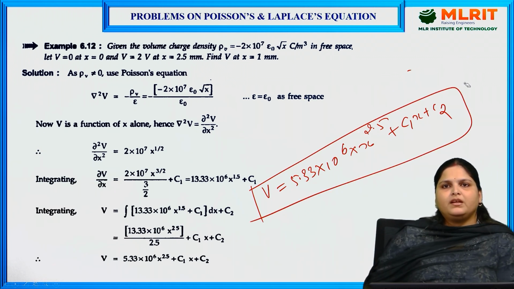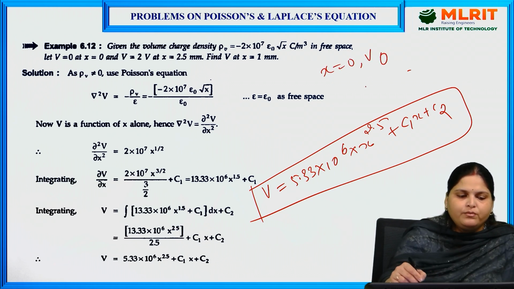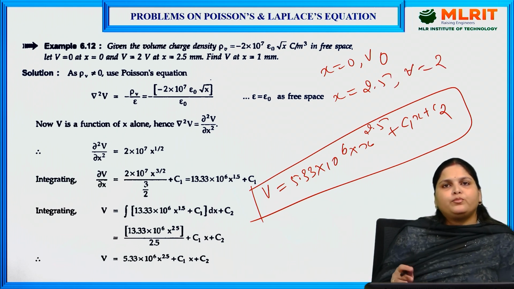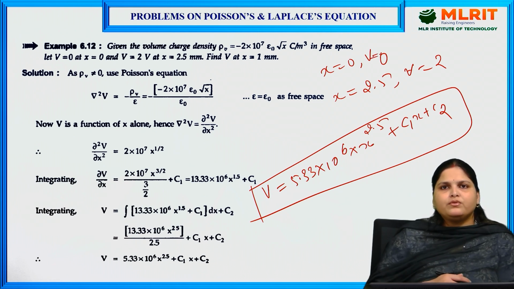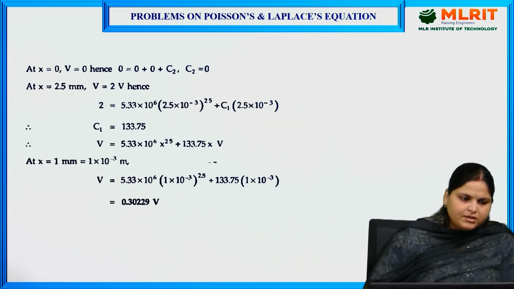Now we have to use boundary conditions. That means x is equal to 0, V is 0, and x is equal to 2.5, here V is equal to 2 volts. So one by one we have to put x is equal to 0 and V is equal to 0, and then x is equal to 2.5 and V is equal to 2. So let us put the first value.